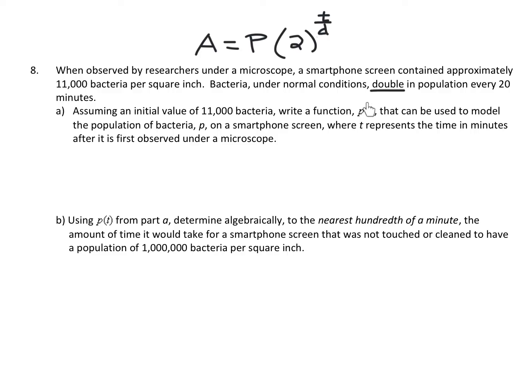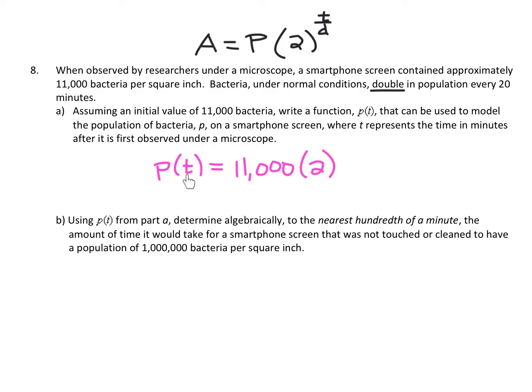Okay, so they want us to write a function, p of t. Okay, so instead of a, we're going to substitute in p of t. All right, now we know that this number that we put in front of our parentheses represents the initial amount, and they tell us the initial amount is 11,000. And then that's going to be times 2 to the.